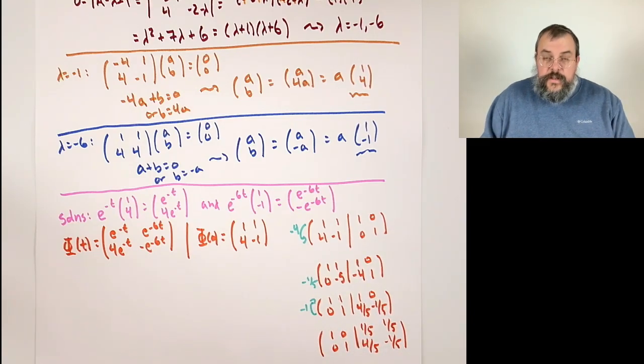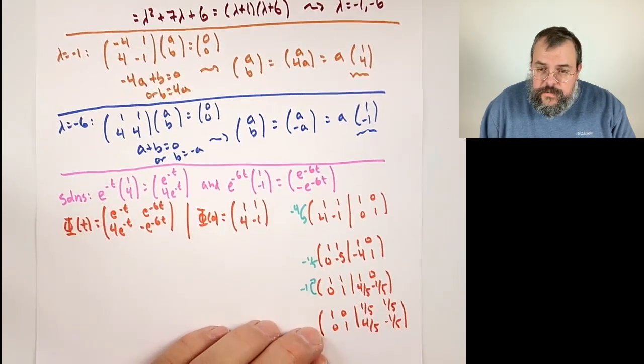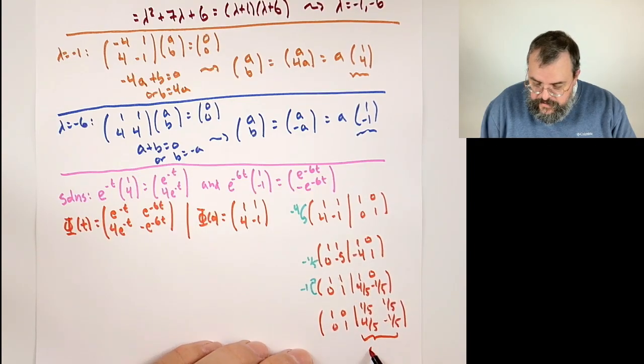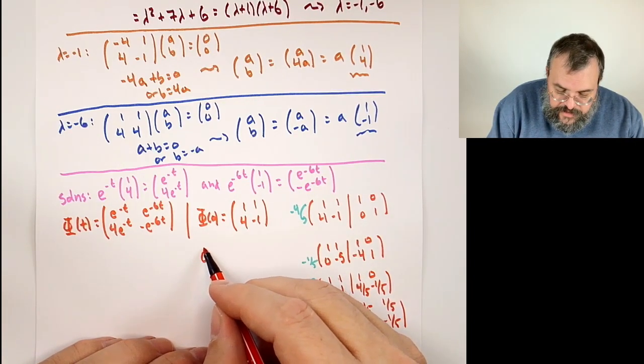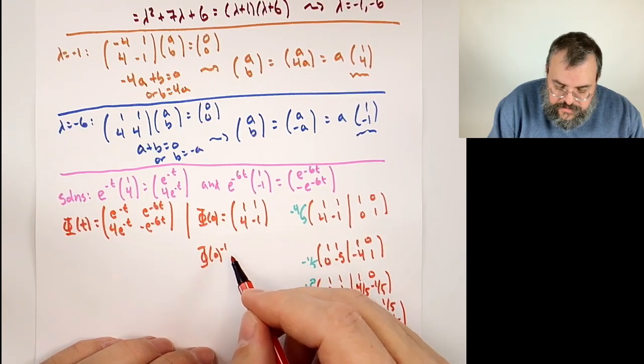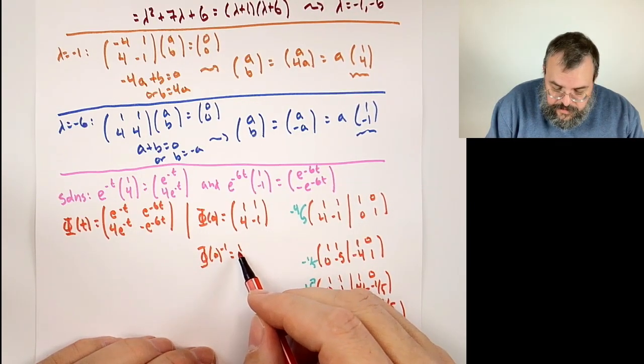And there we go. So this part over here, this is our phi 0 inverse.